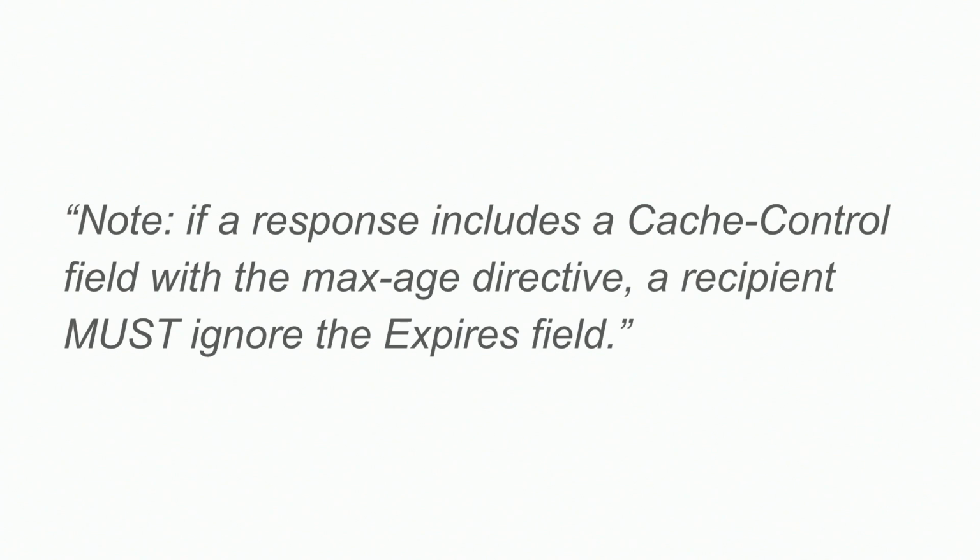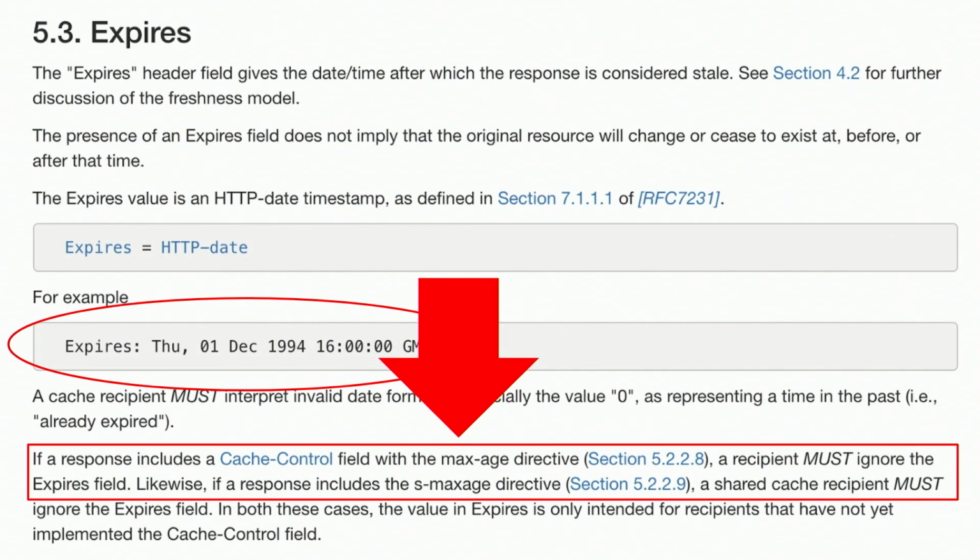But for those people who do use this example from the spec, they presumably have also read the rest of the spec, so they'll know that the text under the example says, if a response includes a cache control field with a max age directive, a recipient must ignore the expires field. And there's almost no way that they will have missed this because it is written right underneath the example. So if you've read this, then presumably you wouldn't be serving both an expires header and a cache control header with a max age field.